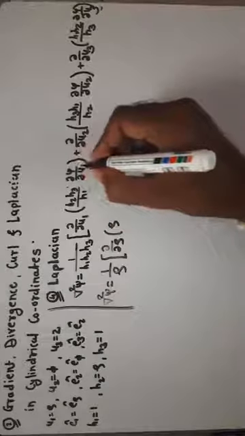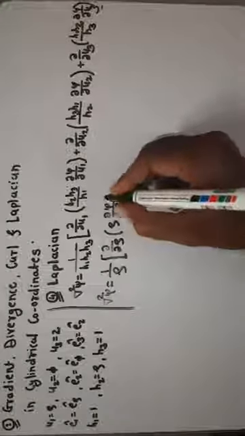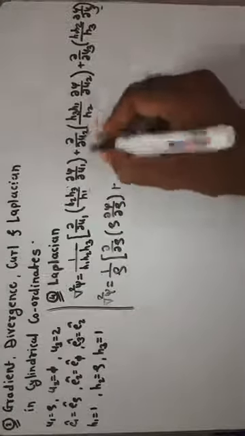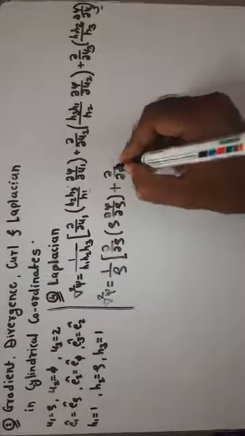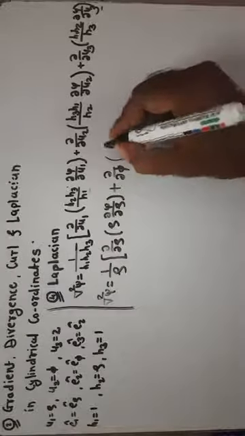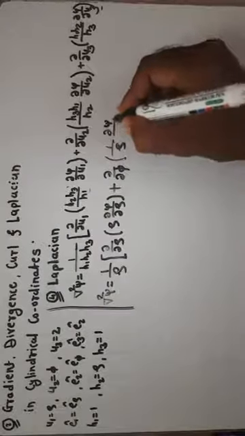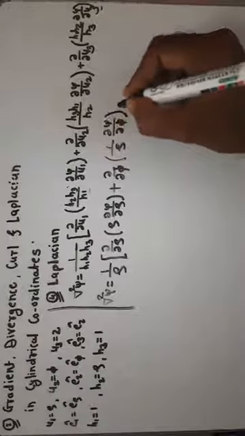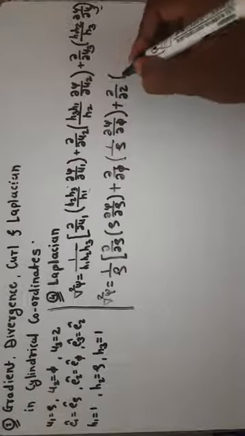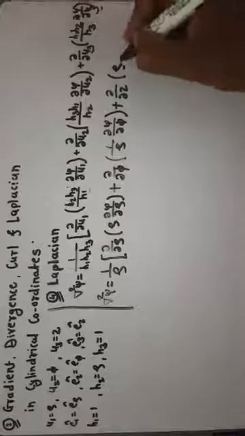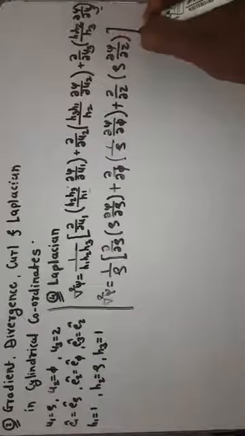Okay, dou psi by dou rho, plus dou by dou u2 means phi, that means dou by dou phi, in bracket 1 by rho dou psi by dou phi, plus dou by dou z, h2 means rho, dou psi by dou z, bracket complete, whole bracket complete.